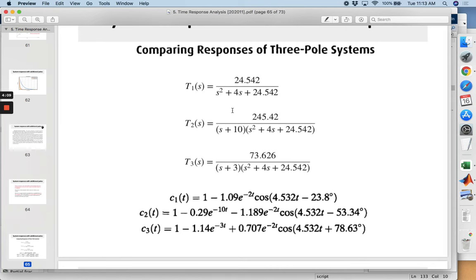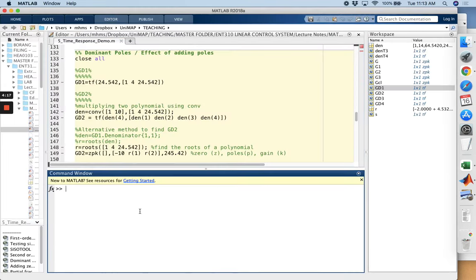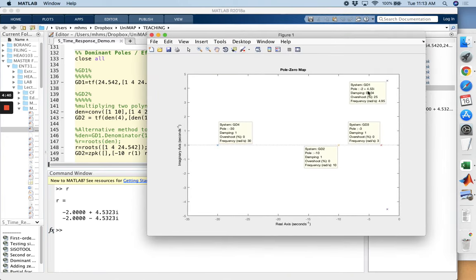The roots of the second order system are located at negative 2 plus or minus 4.5323i. This is the second order system with poles at negative 2 plus or minus 4.53i. Then we have a third order system with the third pole located at negative 10.